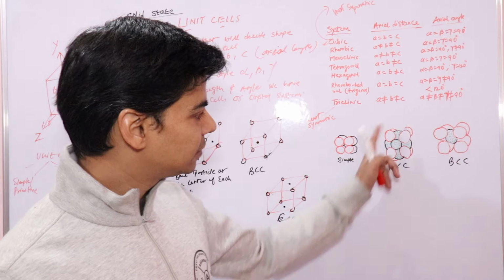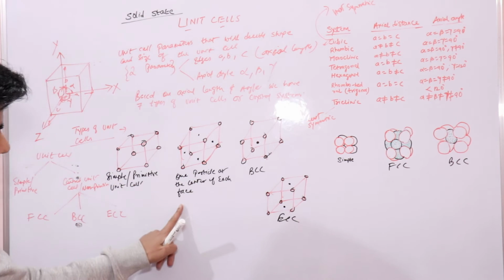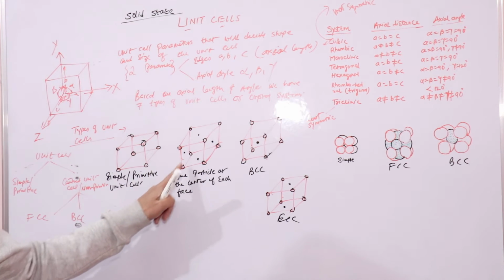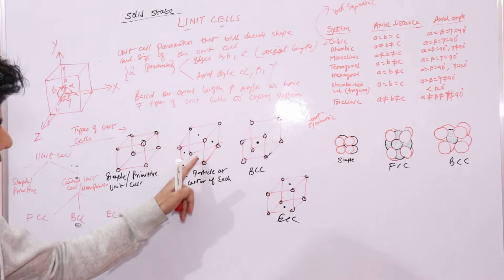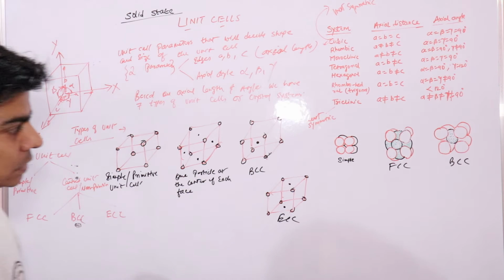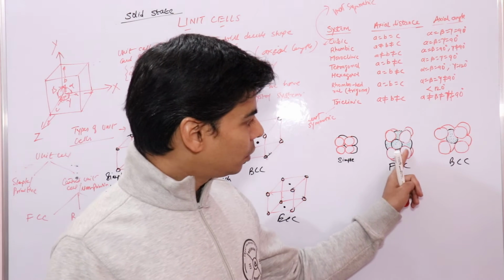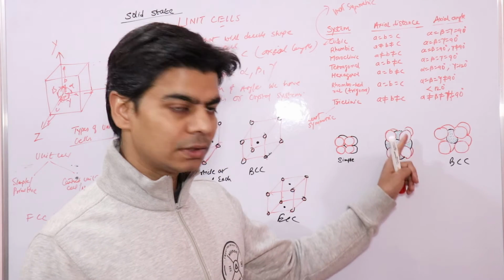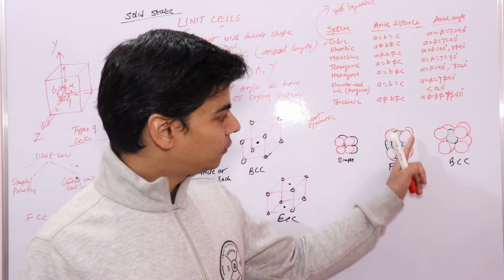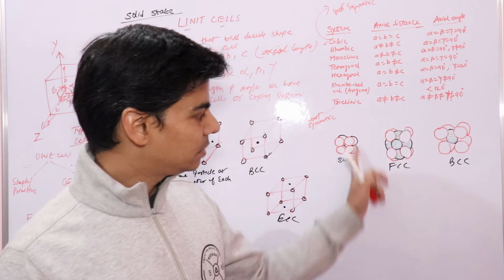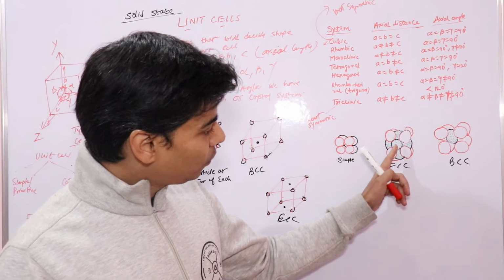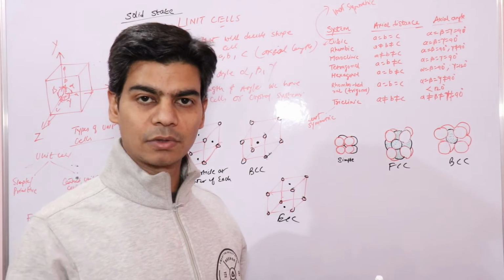Similarly, if you look at the open structure of face centered, you see that at every face of this cube you have 1 particle, right? So here 4 particles at the corner. Similarly, you have 4 particles at the back side of it, in 3 dimensions, and 1 particle is at the center of every face.